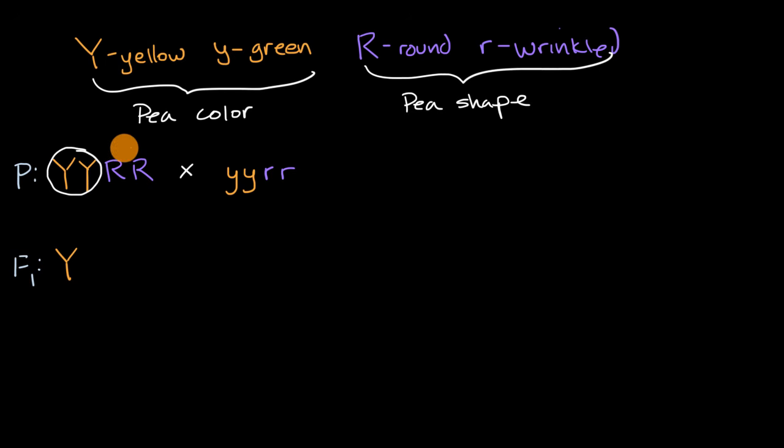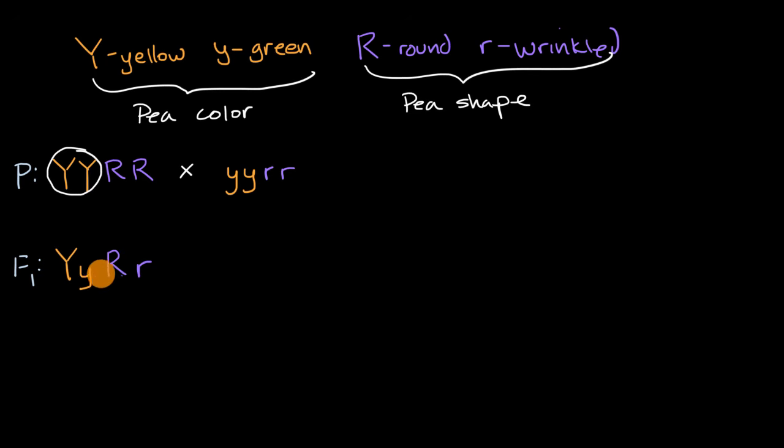And it's also going to randomly get one of these capital R's. So it's going to get a capital R for sure from that first parent. And then by the same logic, it's going to randomly get one of these two lowercase y's. So it's going to get a lowercase y for sure. And it's going to randomly get one of these two lowercase r's. So it's going to get a lowercase r for sure.